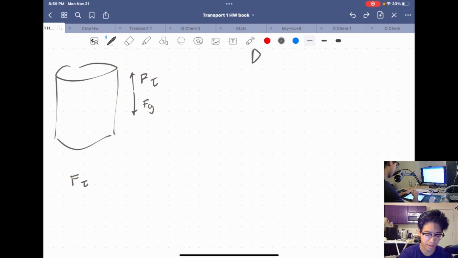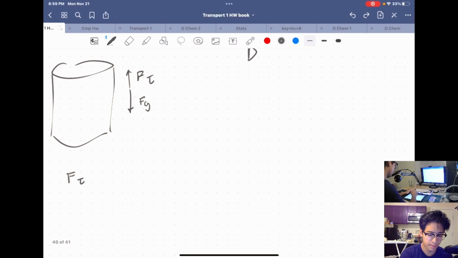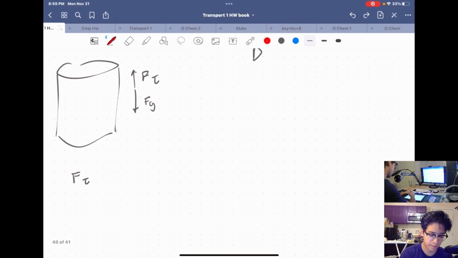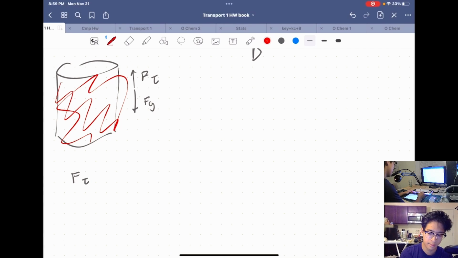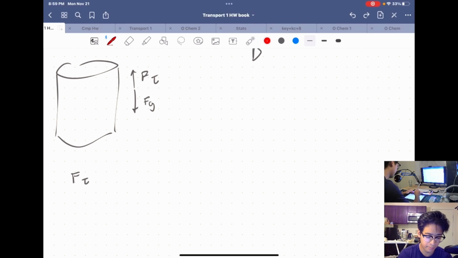The wetted area in which the liquid is in contact with the surface is going to be the outer area of the cylinder. So the force of shear is the shear stress multiplied by pi d, the circumference in terms of diameter, multiplied by h, the height of this control volume. We don't know what that height is, but we don't need to.